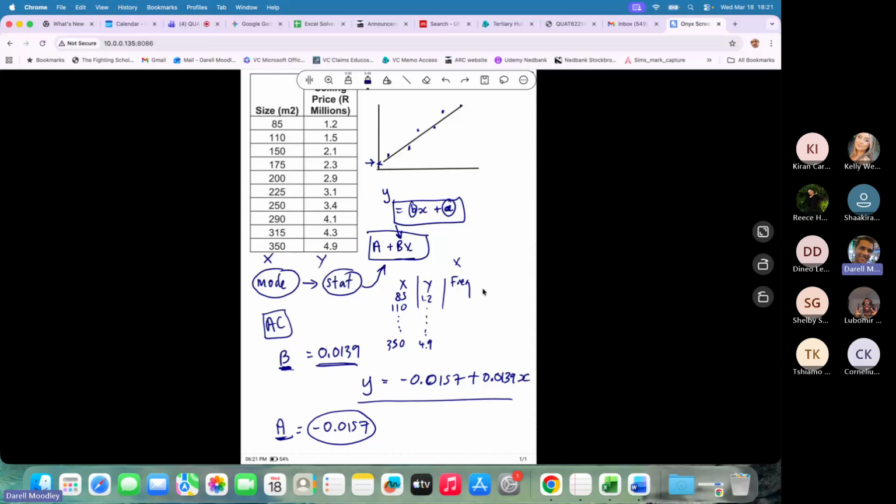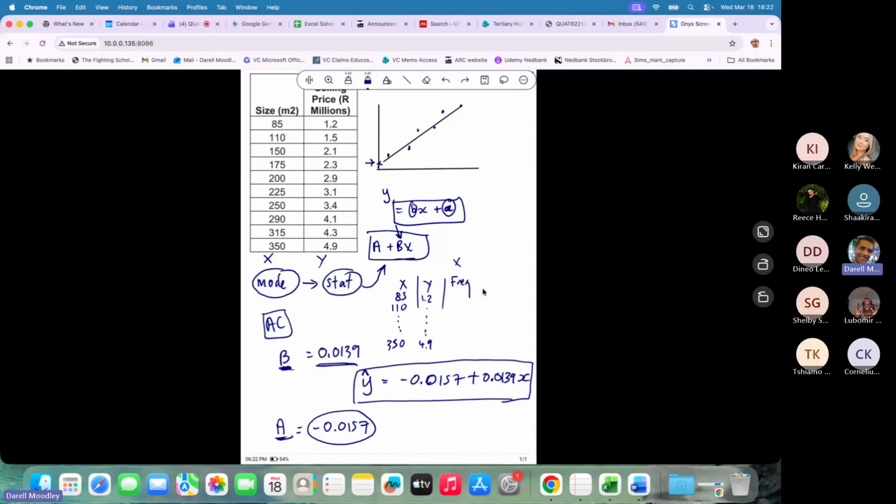That's the equation. Now we don't usually write y. It's just a technical thing. We generally write y hat. And we write y hat because y is the actual values, but y hat is just predictions. We're going to use this equation to make predictions.